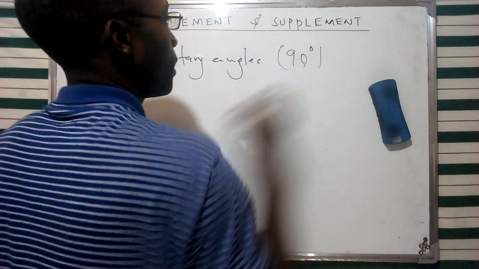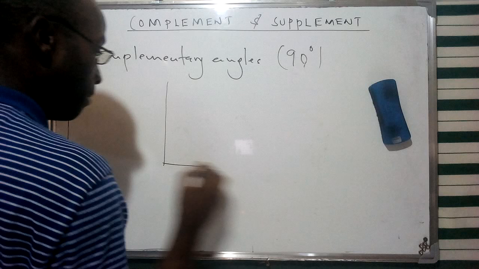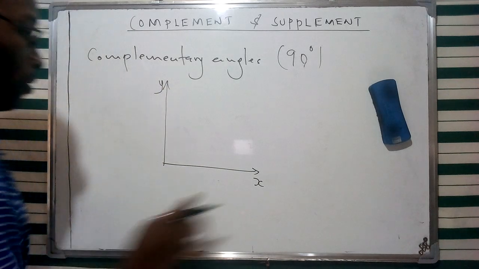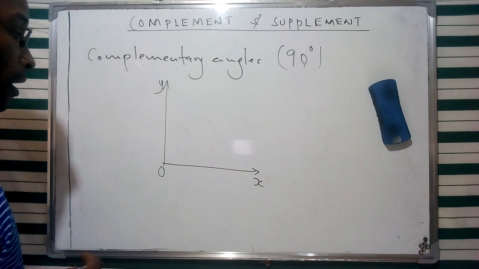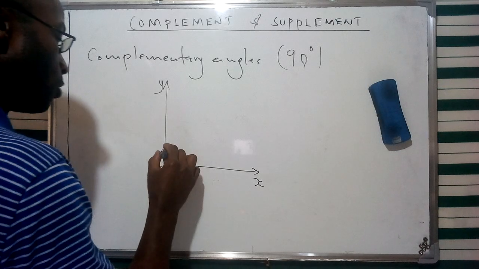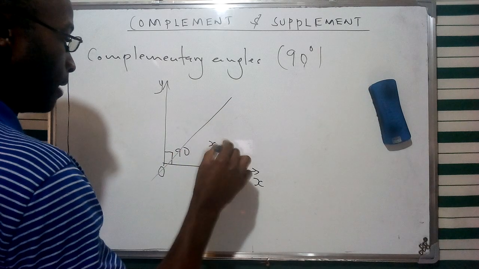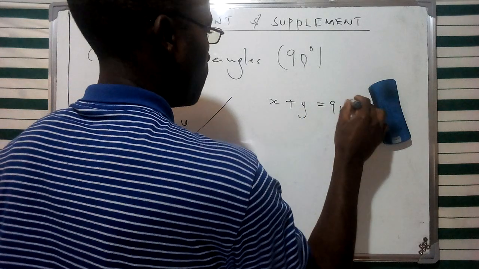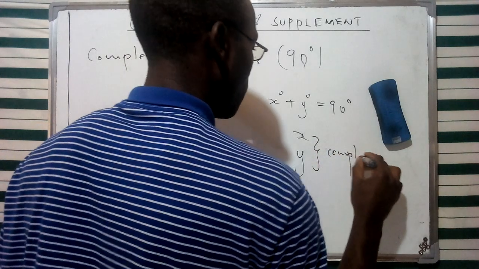For example, take a section of the first quadrant, showing the positive x and y Cartesian coordinate system. We have a stretch of 90 degrees, and two angles, let's assume x and y, which add up to 90 degrees. These respective angles are referred to as complementary angles.